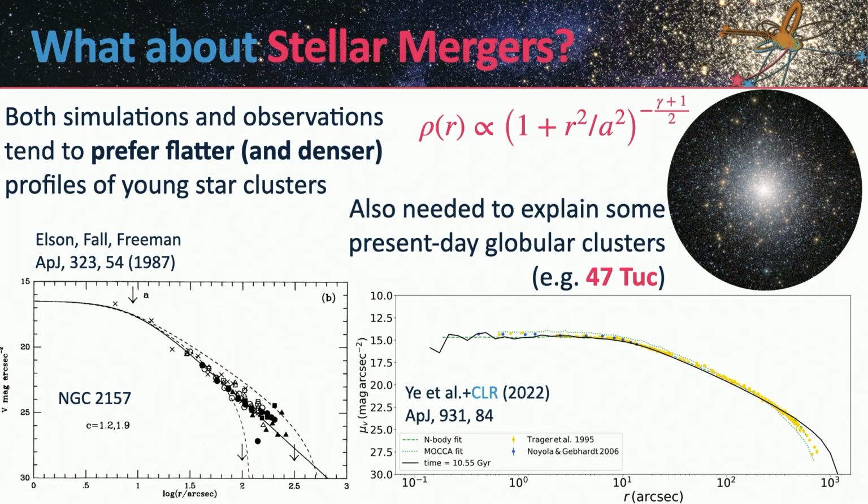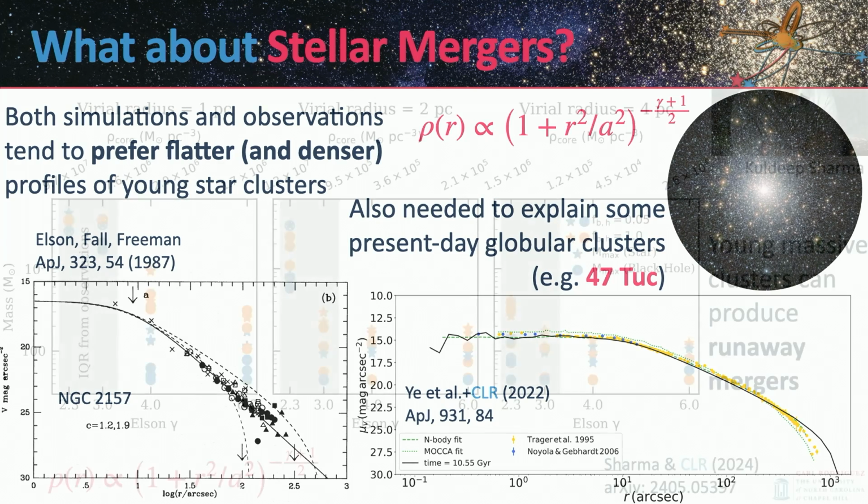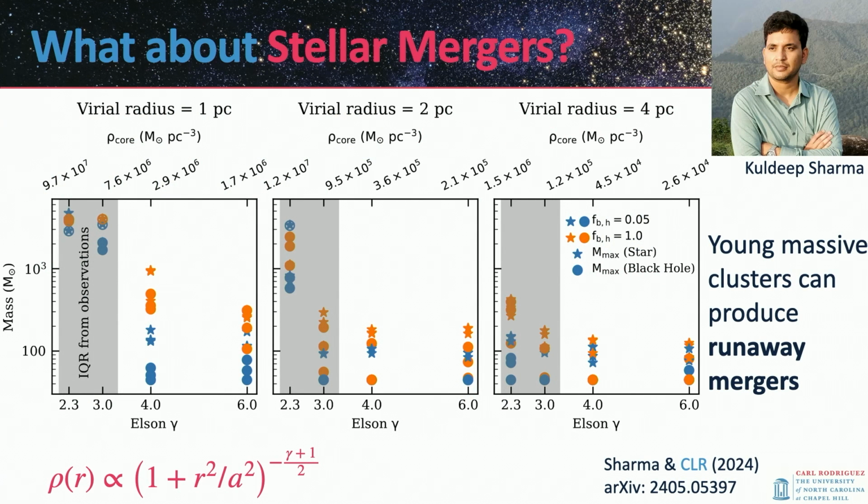So how much can I actually facilitate these stellar mergers in the early parts of these star clusters using these realistic initial conditions? So this was a project led by Kuldeep Sharma, who's a finishing PhD student in my group.